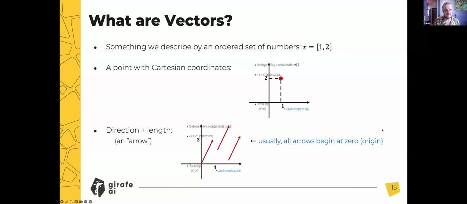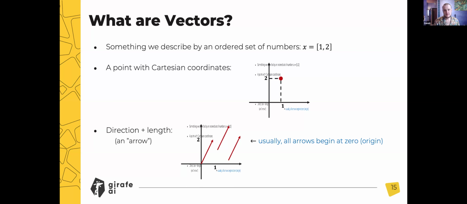Usually, and especially in our course, all arrows will begin at 0. They all start from the origin, the special place on the coordinate plane or in vector space, 0. That is the origin, and that is a crucial assumption for all the other definitions to work properly.